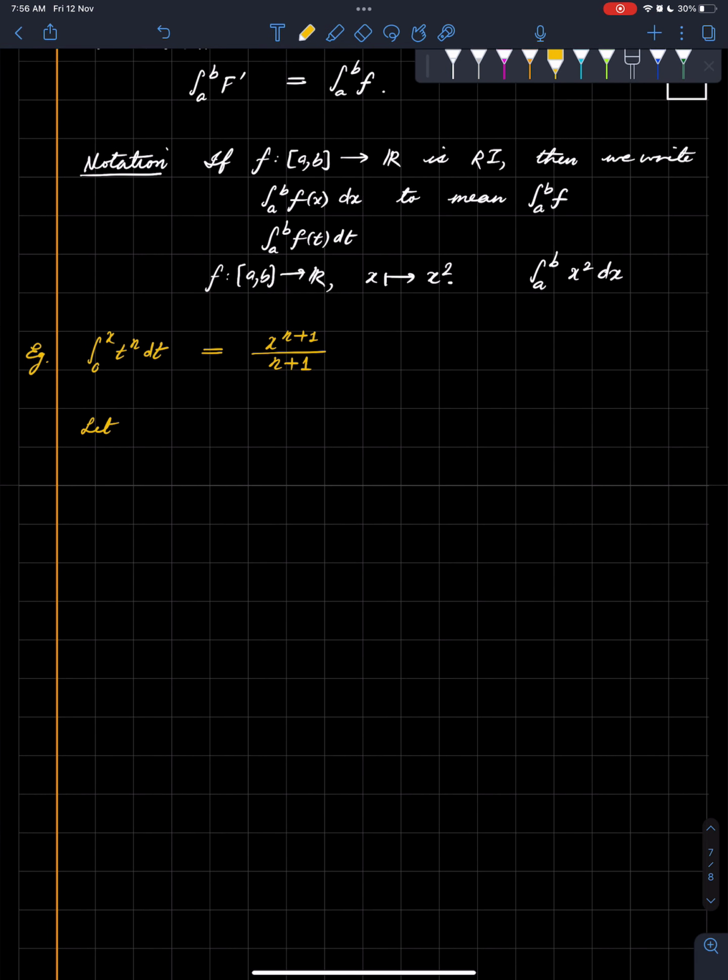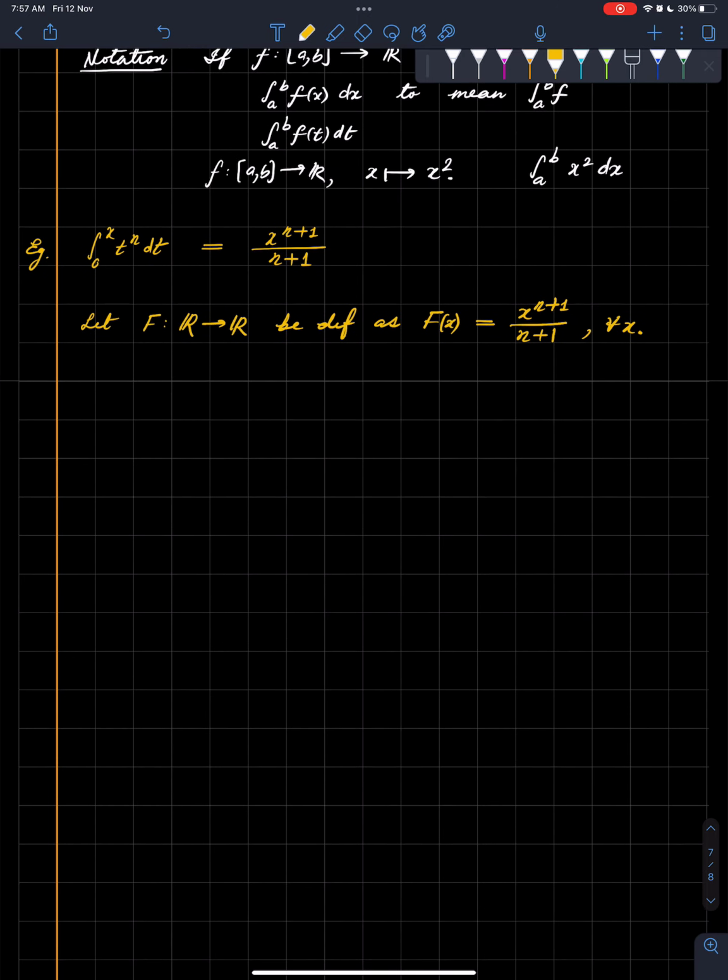So let capital F be defined as F of x equals x to the n plus 1 upon n plus 1 for all x. So we have defined that, and this is a continuous function, hence on every closed interval this is Riemann integrable. And in fact this is continuously differentiable, this function F.